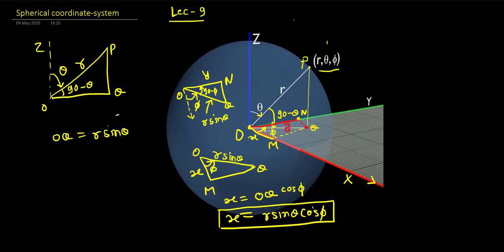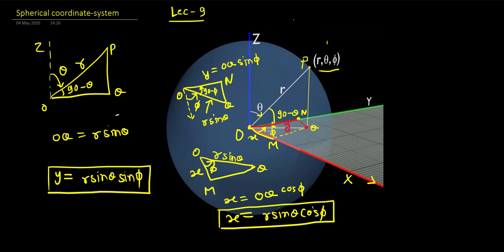So what would be this distance y? Y would be simply OQ sin phi. So OQ is r sin theta, so we'll get y as r sin theta multiplied with sin phi.